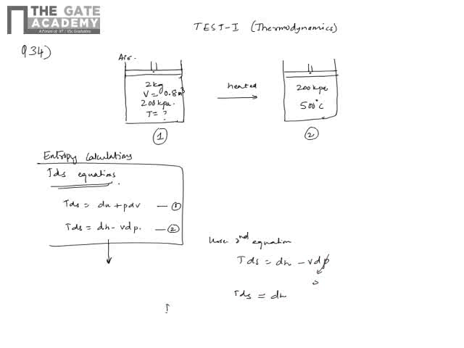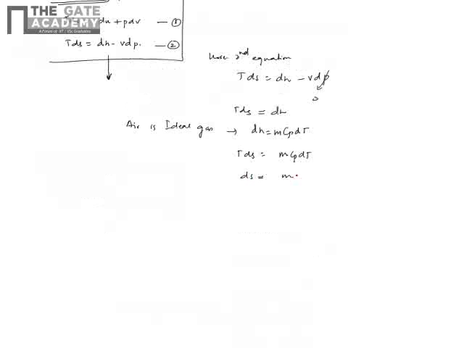Now for ideal gas, air, dH can be written as Cp dT, so TdS is mCp dT, and now I need to find out from state 1 to state 2. So this is what is dS. Now change in entropy from T1 to T2 is mCp ln T2 by T1.